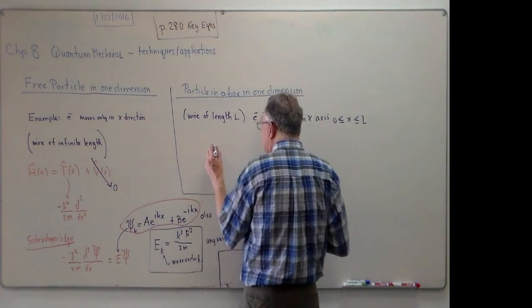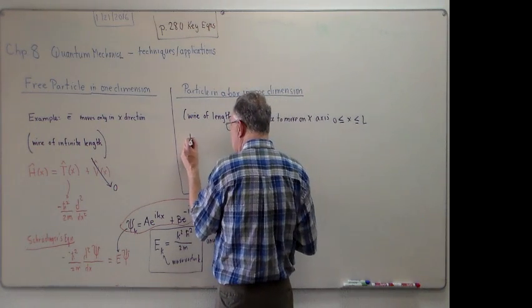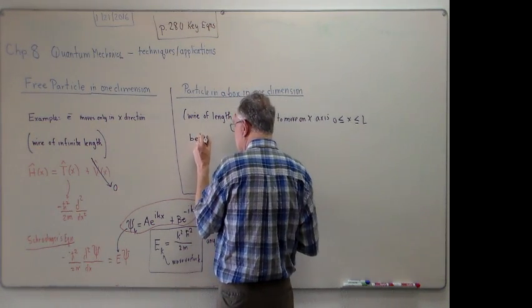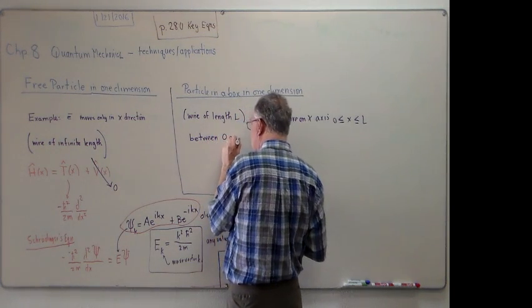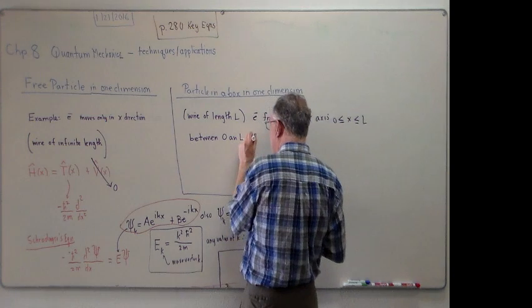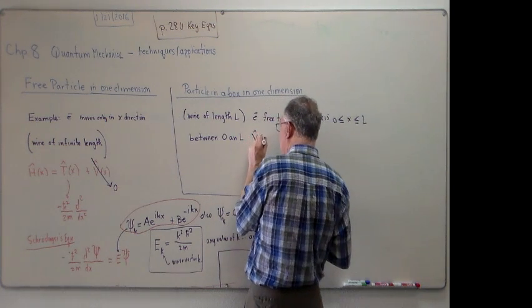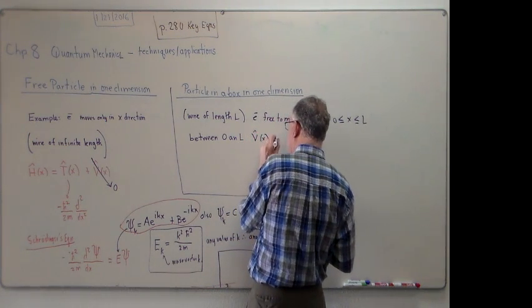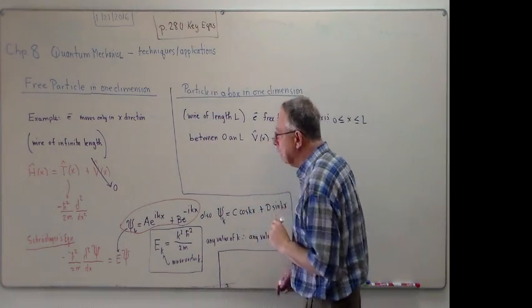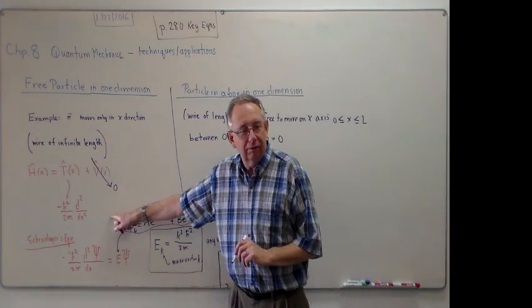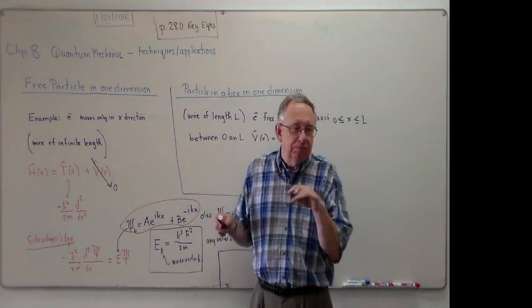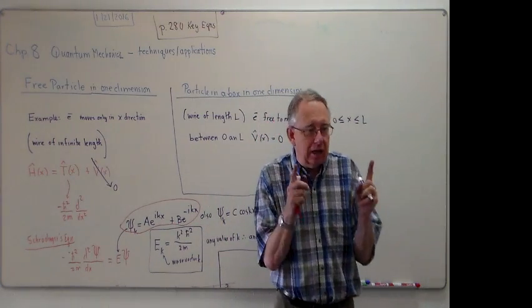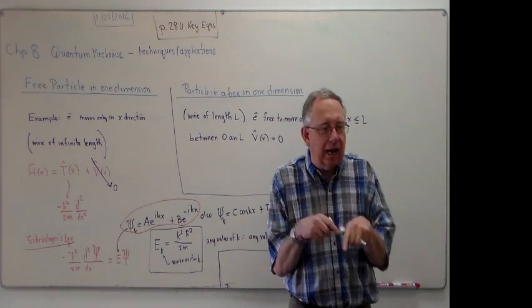And so between 0 and L, V of x equals 0, just like what we have over here. The potential energy operator is 0. Free within, as long as it stays on the wire. Can't jump off the wire.